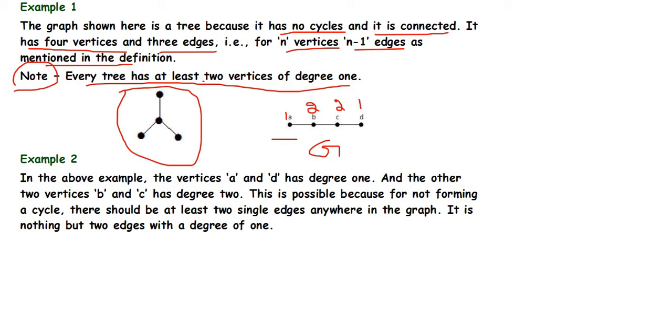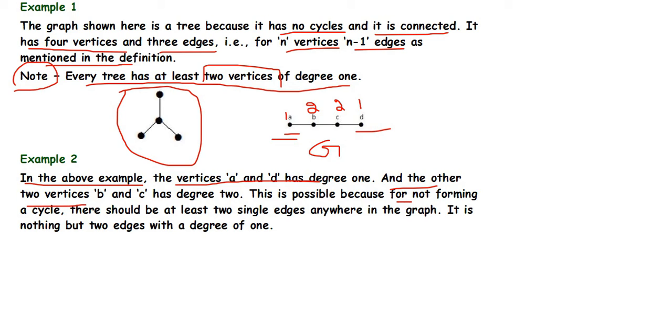So every tree has at least 2 vertices of degree 1. In the above example, vertices A and D have degree 1, correct? A and D have degree 1 and the other 2 vertices B and C have degree 2.